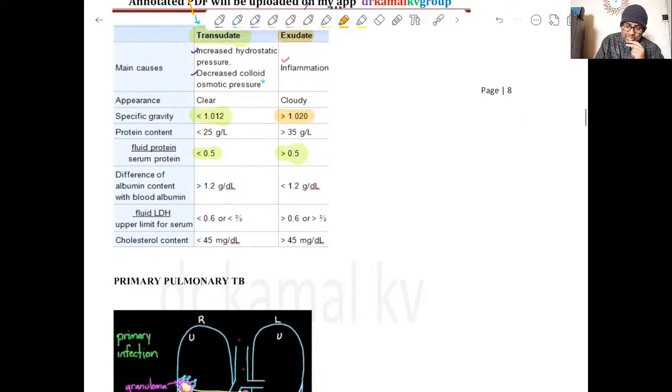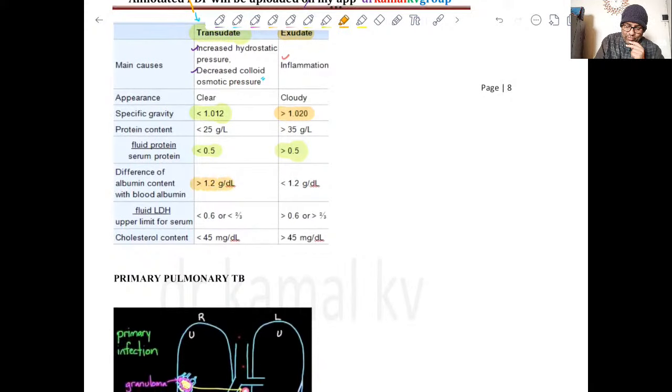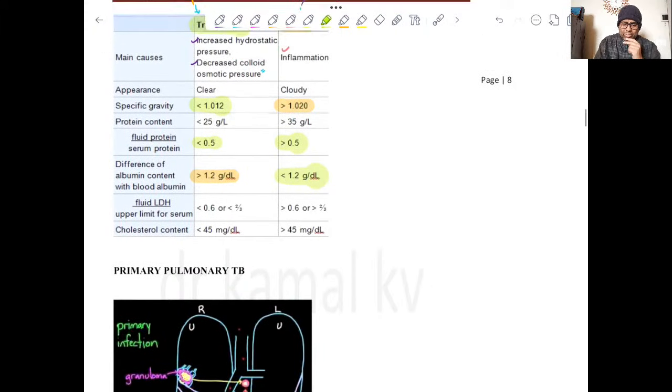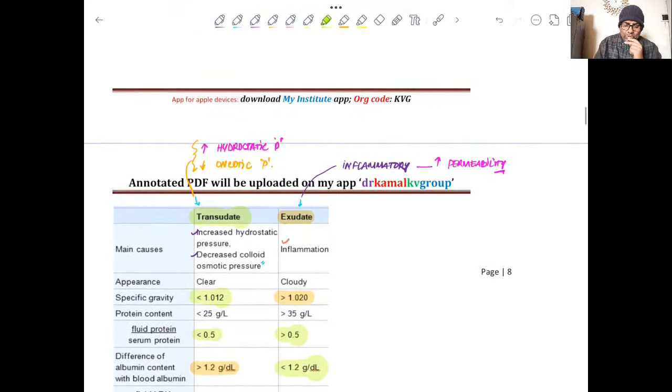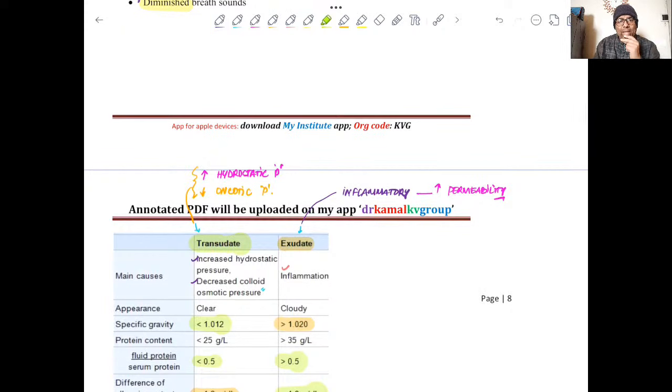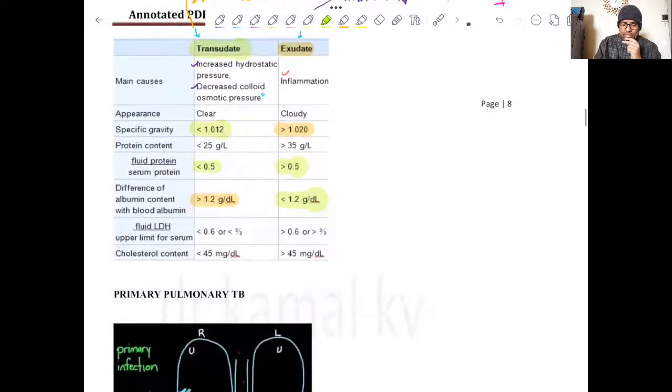And third, you can look for the difference of albumin content with blood albumin, and it will be more because in blood the albumin is already less because of hypoalbuminemia. So these are 3-4 important differences which you can remember for transudate and exudate. But what is more important for you to remember is the basic mechanism behind the two varieties.